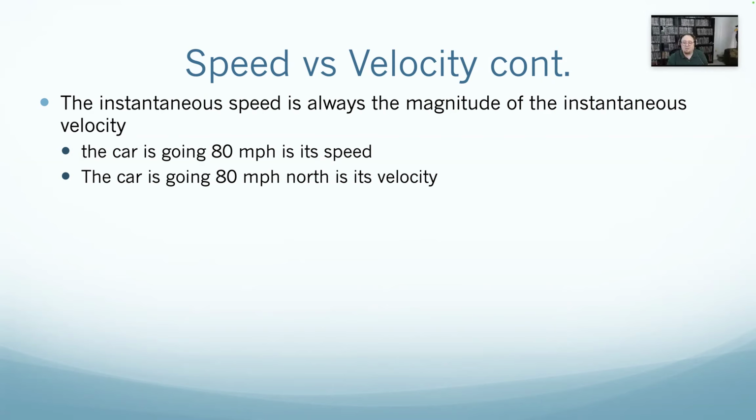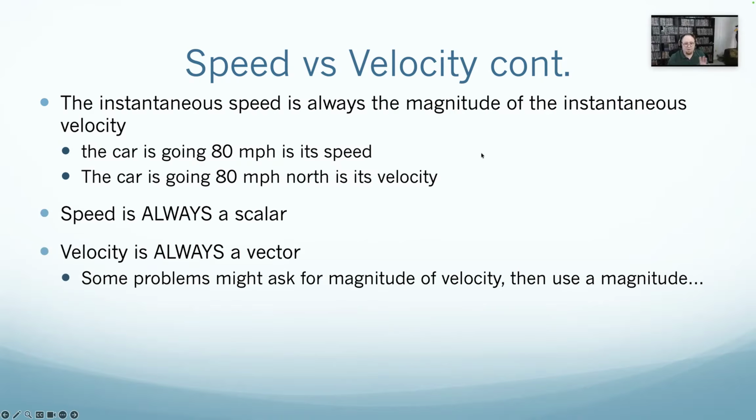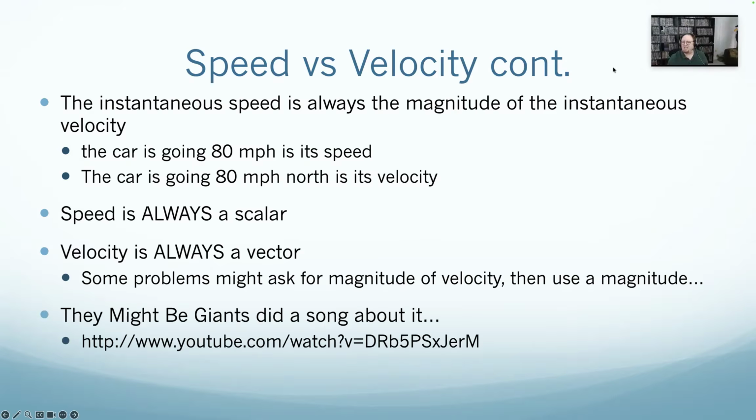This is the reason we'll really use velocity, because it can tell us how fast and which direction, no problem. Keep in mind, speed, always a scalar. Velocity, always a vector. The band They Might Be Giants did a song about this. I'm not playing it, but that's a thing if you really want it.